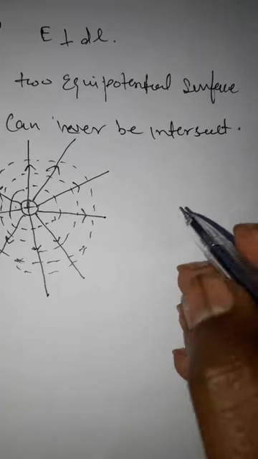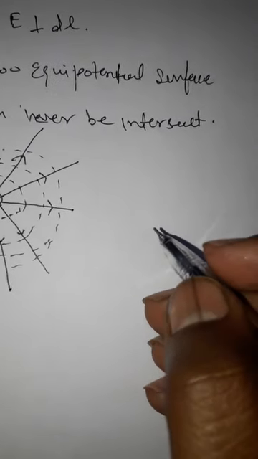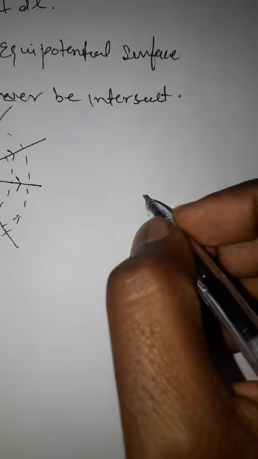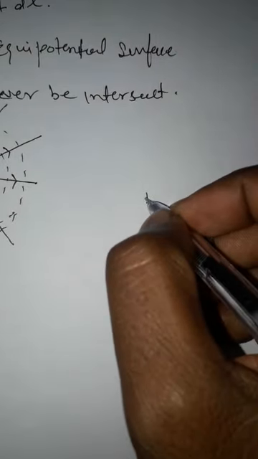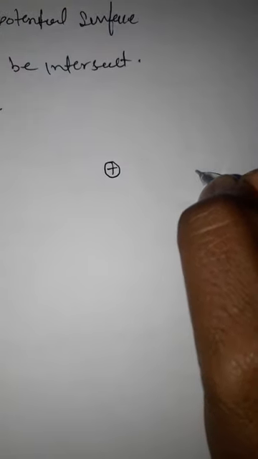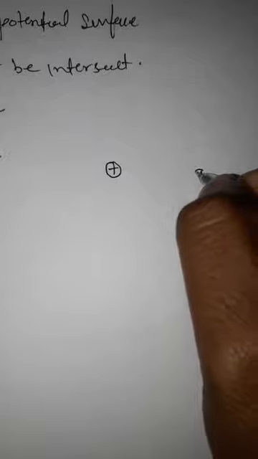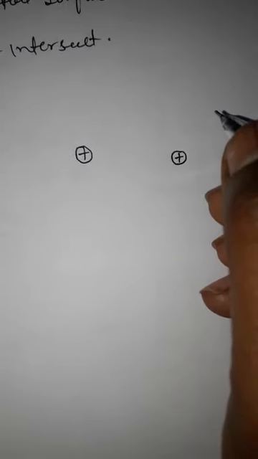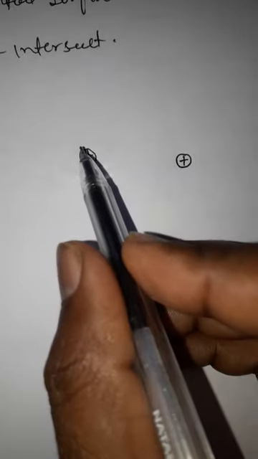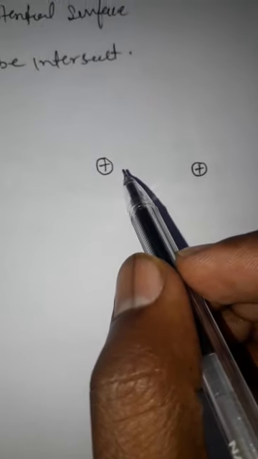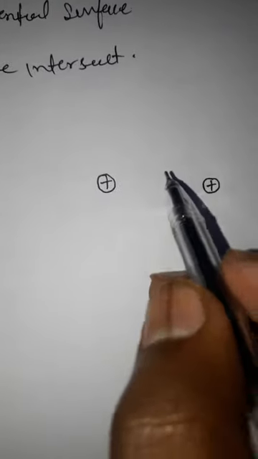Similarly, in the case of two charges, say both are positive charges like this, separated by a certain distance, the equipotential surfaces are in the form of spherical surfaces around these charges.